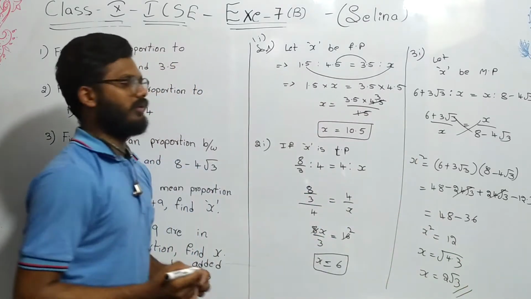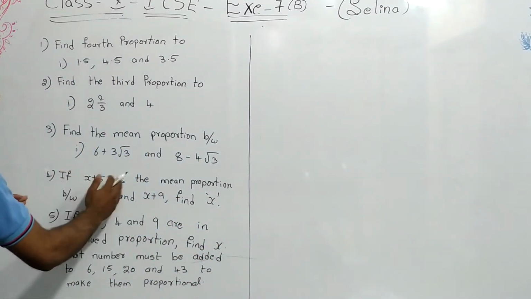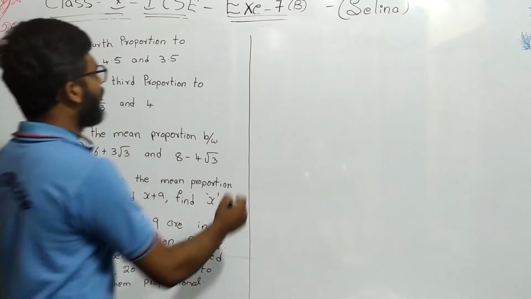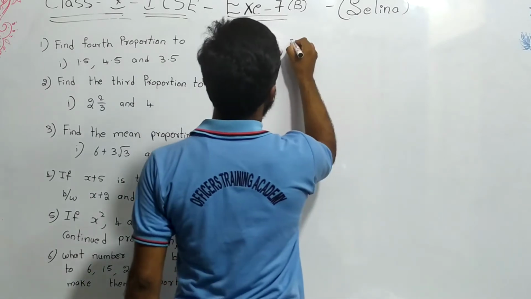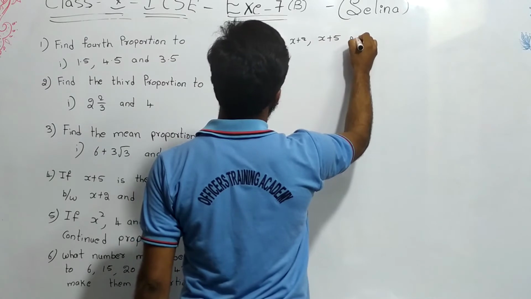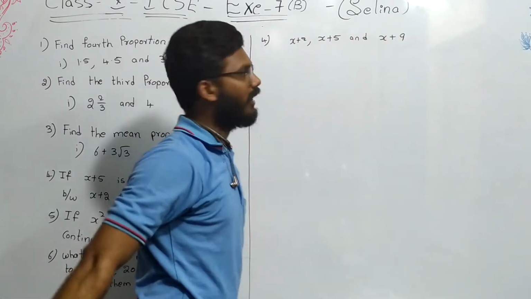Fourth one, if x plus 5 is the mean proportion between x plus 2 and x plus 9, find x. See, they gave that x plus 5 is the mean proportion, nothing but x plus 2, x plus 5 and x plus 9 are in proportion, right?